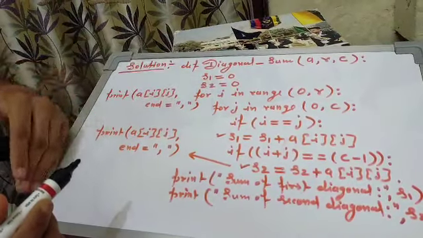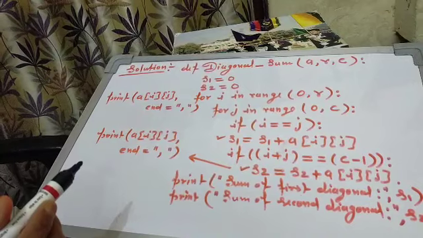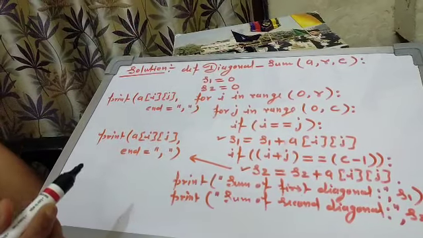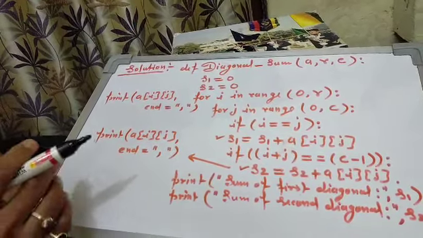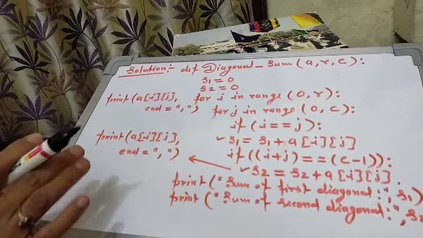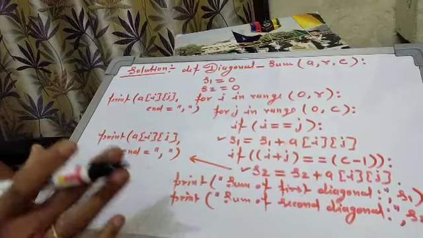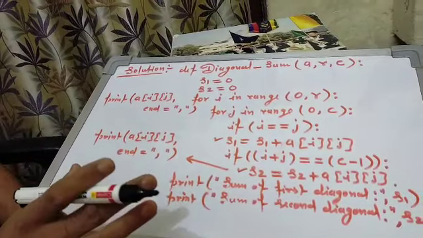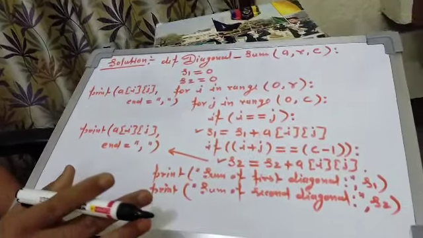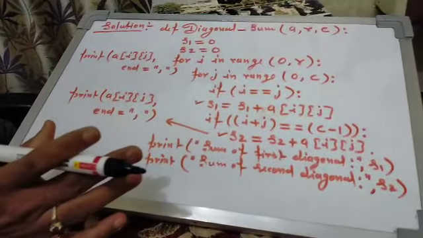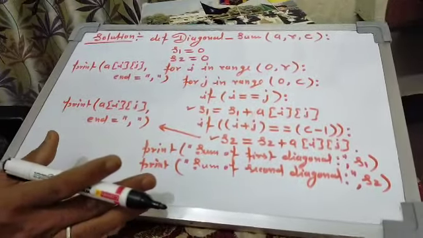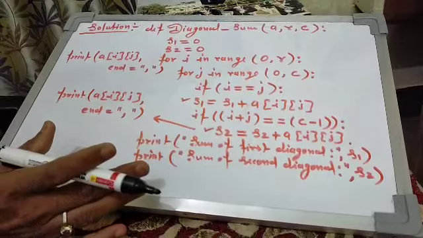So this is the process of how to print the sum of the diagonal as well as how to print the elements which exist in those specific locations. Now in the driver program, I am not going to tell you what to do, because you all know how to create the driver program and the main function.